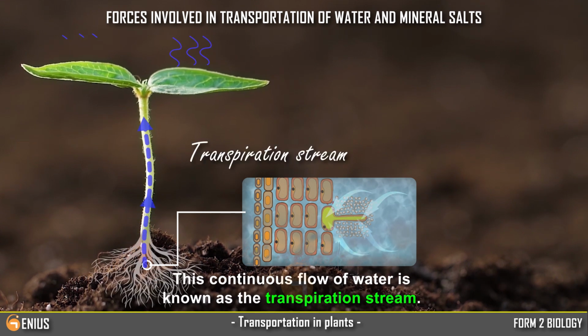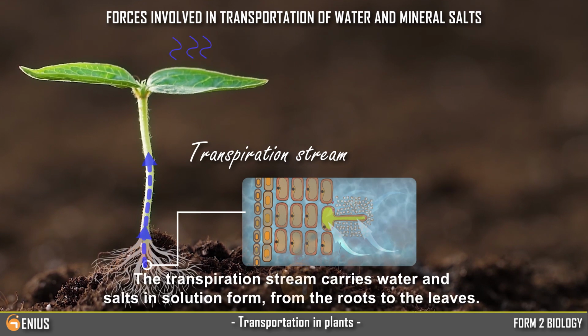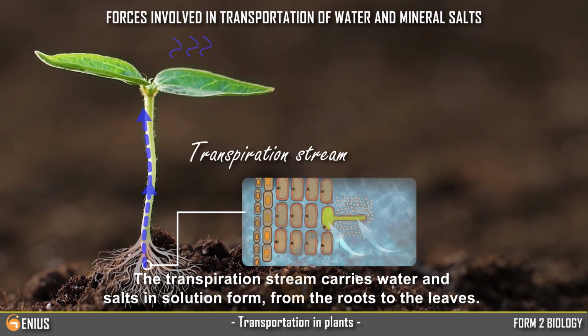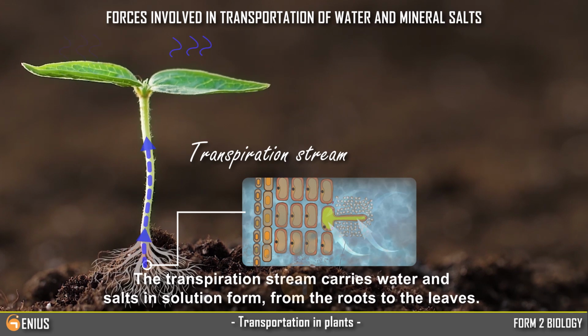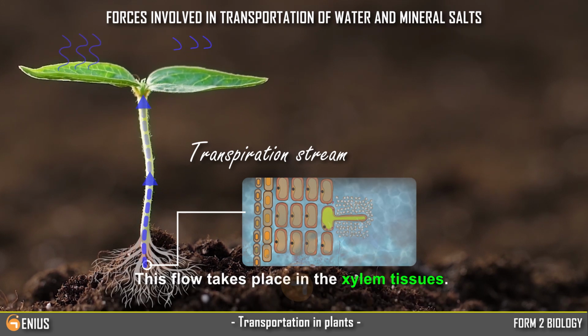This continuous flow of water is known as the transpiration stream. The transpiration stream carries water and salts in solution form from the roots to the leaves. This flow takes place in the xylem tissues.